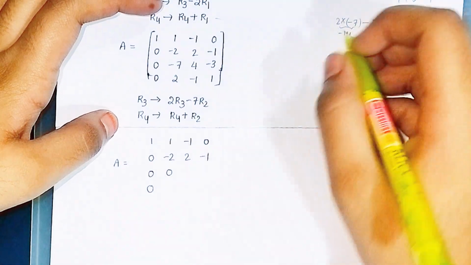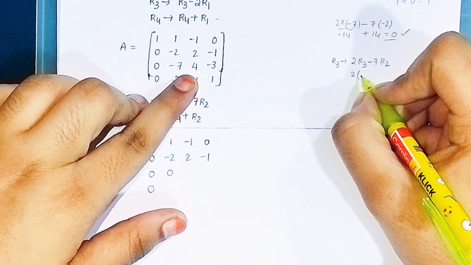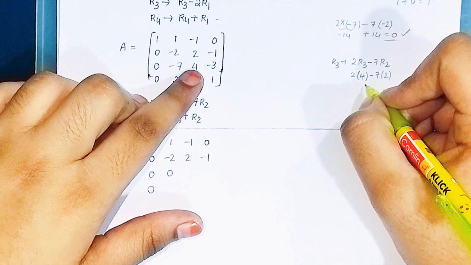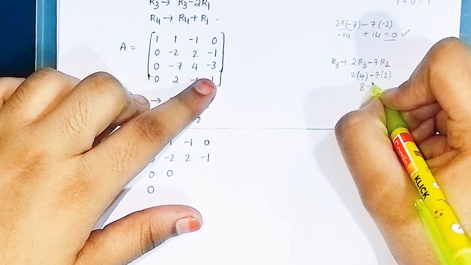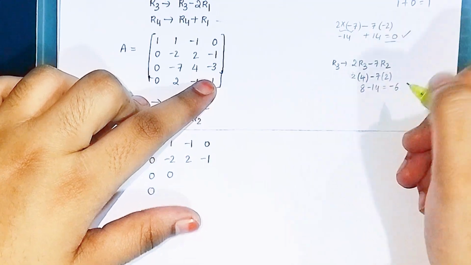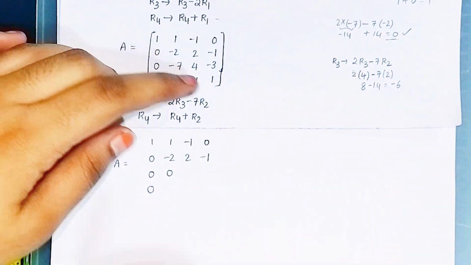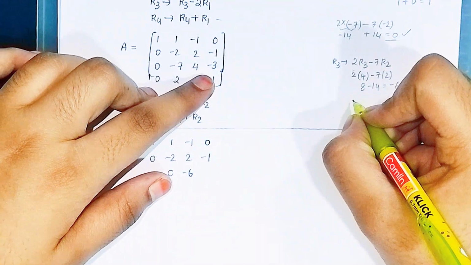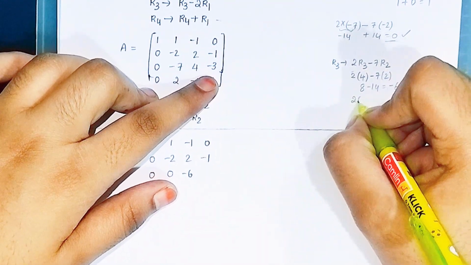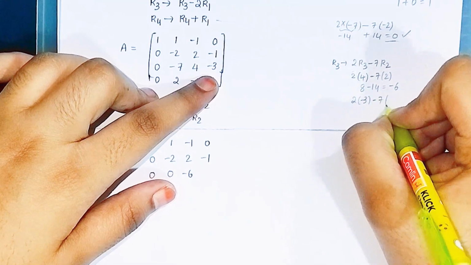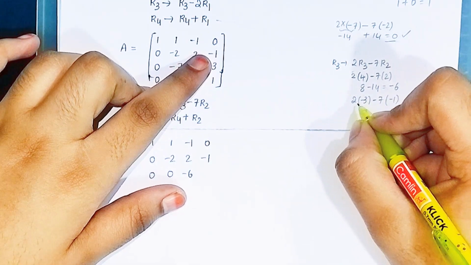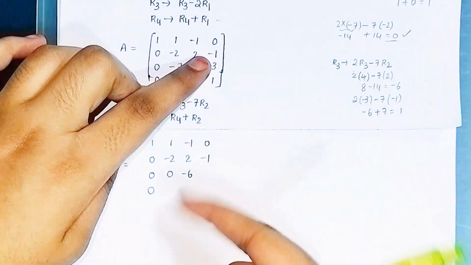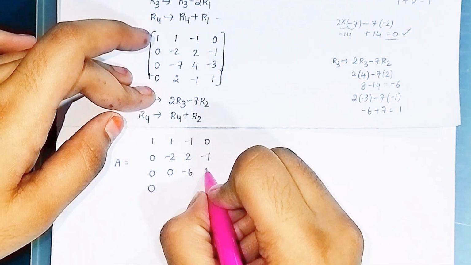Now the second one will be 4. 2 times of 4, which is in R3, next 7 into 2. We will be getting 8 minus 14, which is nothing but minus 6. So I will be writing minus 6. And then we have 2 times of minus 3. So R3 place we have minus 3, then next minus 7 into minus 1. So we will be getting minus 6 plus 7, which is nothing but 1. Write it as it is.